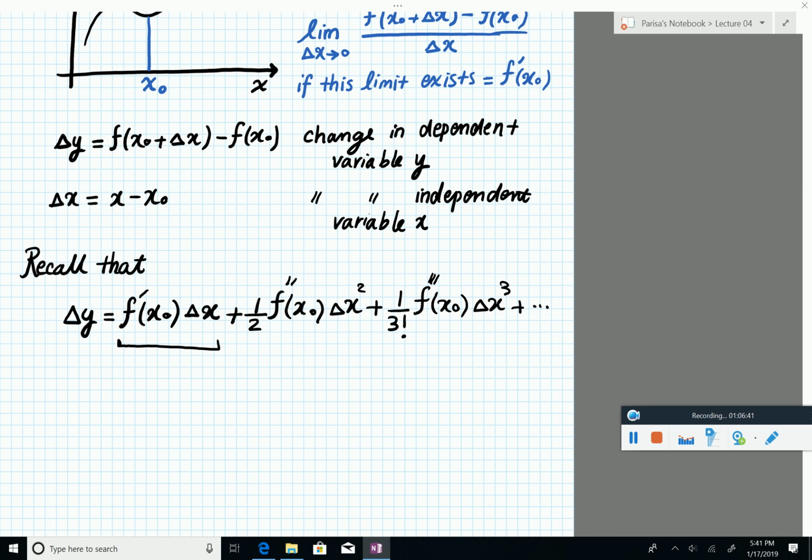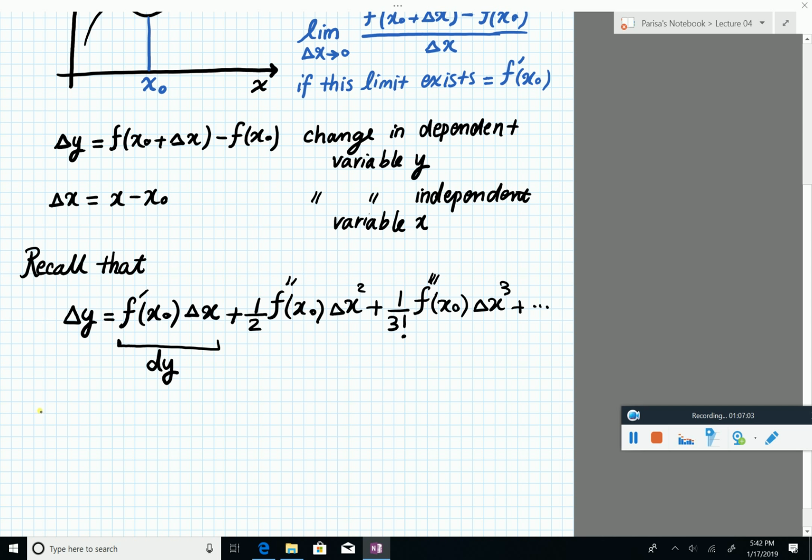Linear in delta x, right? It's linear. We call this differential. So differential means the part of delta y which is linear in delta x. And then we use not delta y but dy for that.